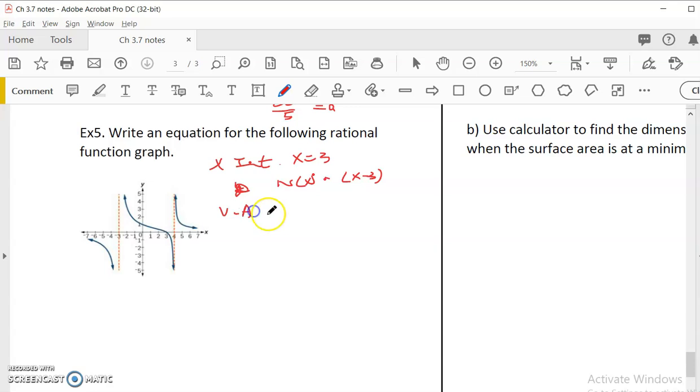And then I have vertical asymptotes. So that's 2 vertical asymptotes. They go in different directions on both sides. There is an x equal to negative 3 and an x equal to 4. So that means the denominator d of x would be x plus 3 and x minus 4, right?